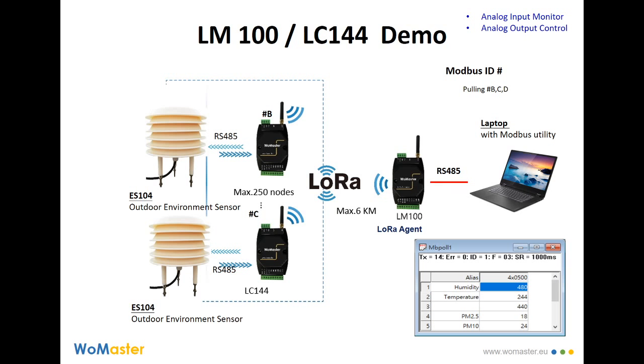The laptop will poll the sensor data repeatedly. Here, we install the Modbus poll utility to achieve this purpose. Later, we will show you how to build it and demonstrate the application. Our technical support, Patrick, is going to share with you.